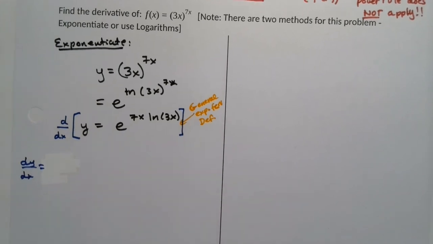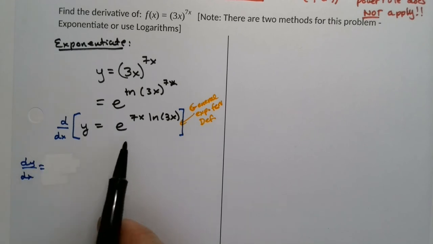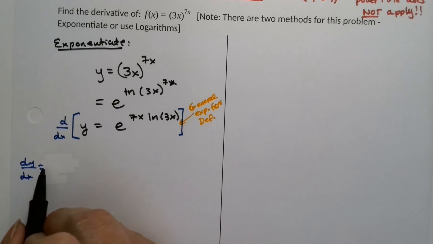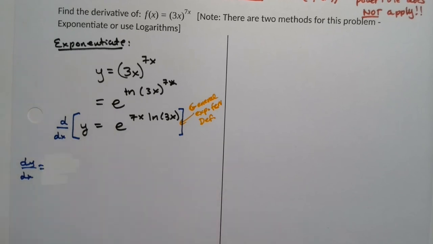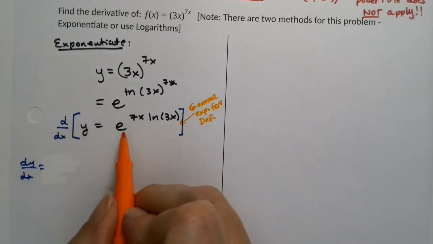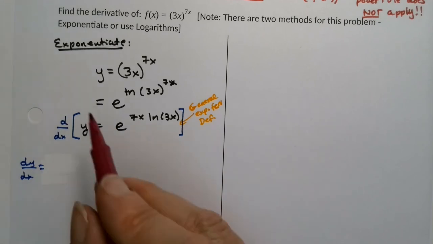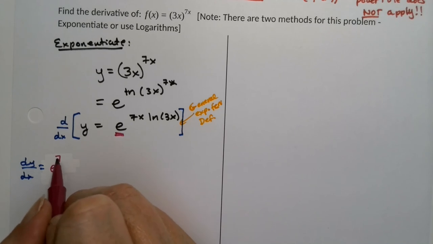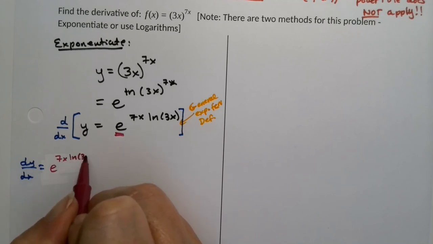Now's where the exponential rule comes in, but then it'll have powers inside. The derivative of e to the something is e to the something. I'm going to do the outermost portion first, so that's e to the 7x natural log of 3x.